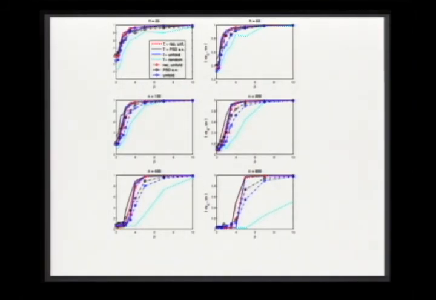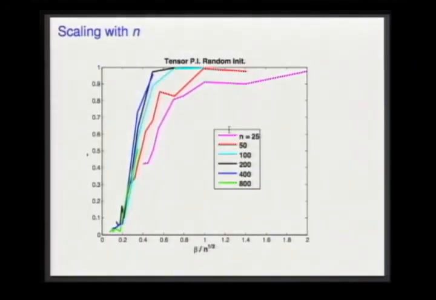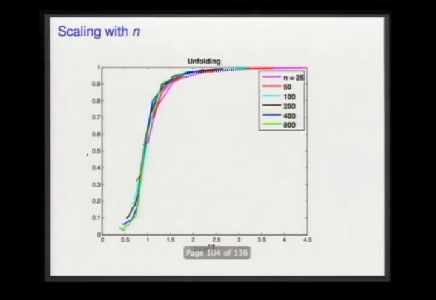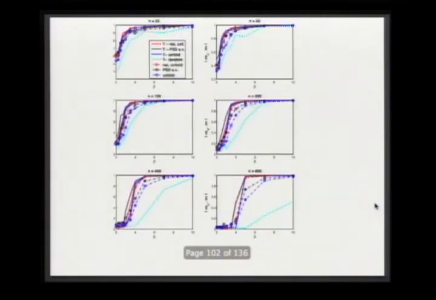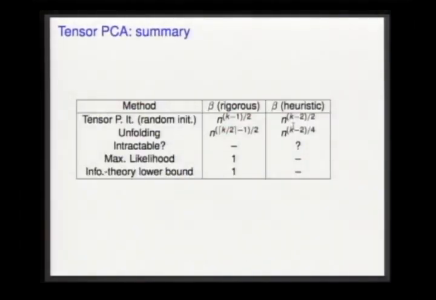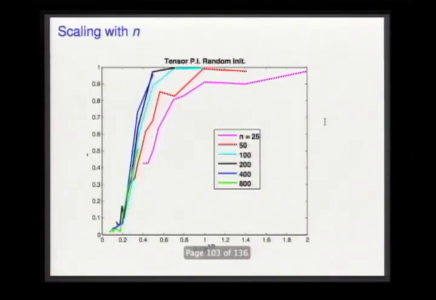And when we plot these different curves, we can superimpose them for various values of beta divided by n to the 1/2 and beta divided by n to the 1/4. And it's by looking at these numerical values that we started conjecturing the exponents that I announced here.